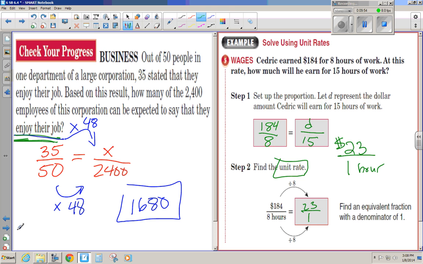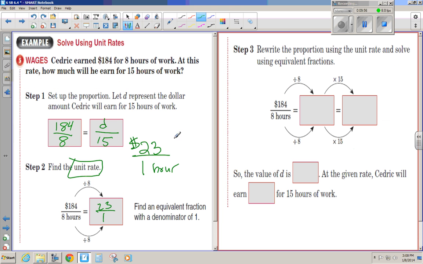So that's a lot of money per hour. Okay, so we've got 23 over 1. Now we have to figure out how much it is for 15 hours. So we take the 23, multiply by 15 and get 345. That means $345 for 15 hours of work.